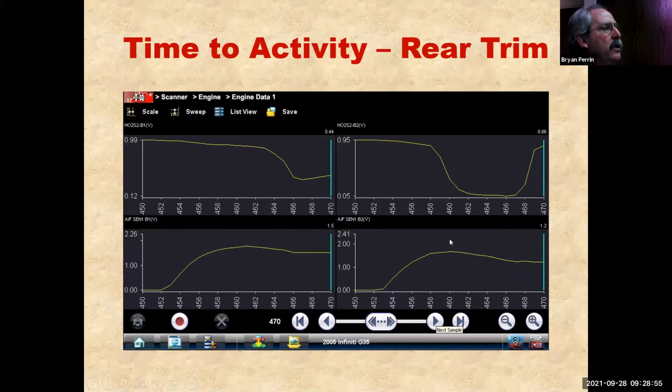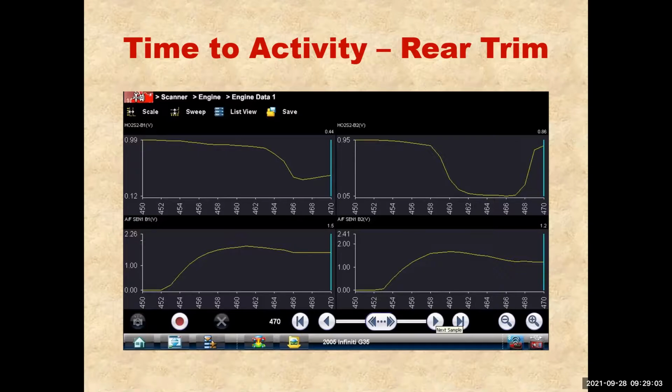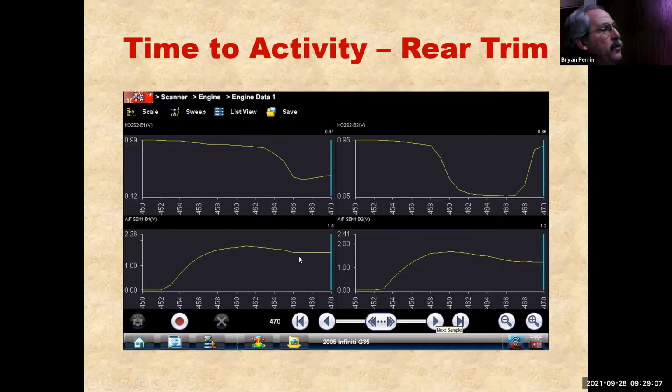So is the computer looking at the front sensors, or is the computer looking at the rear sensors? It's looking at the rears, isn't it? Because we don't flatline until the rear sensor starts going back rich. So the reason why I end up at 1.2 volts is that's how rich it had to get before the sensor would start going back up.